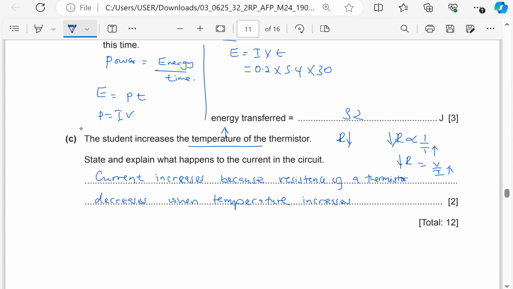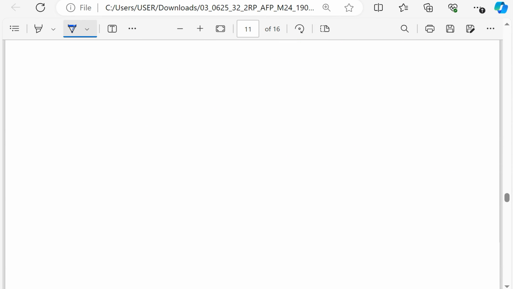The resistance decreases when temperature increases for a thermistor. So when we advance in high school, you call it the negative temperature coefficient. Although I don't encourage any student who has done core physics to do physics in high school.